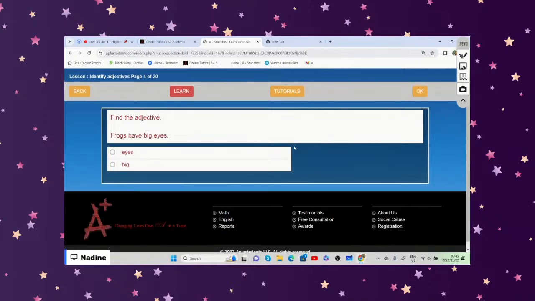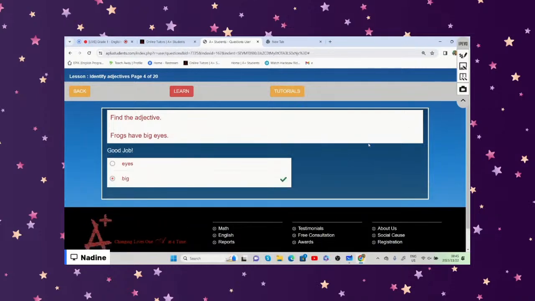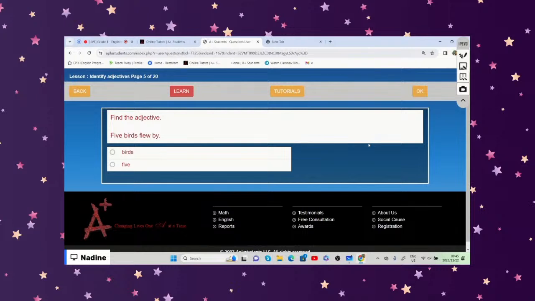And frogs have big eyes. Frogs have big eyes. And if we describe the eyes of the frogs, then we can say it is big eyes. And then 5 birds flew by.